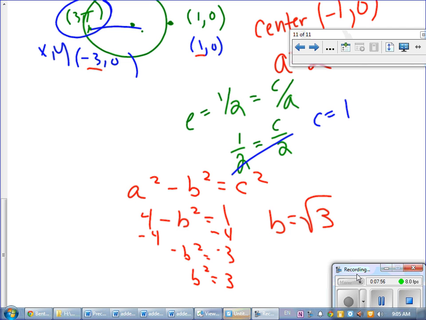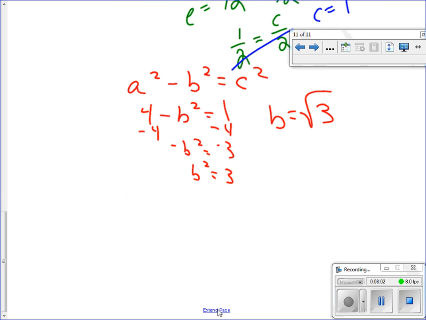So the last thing I have to do is to write the equation for this ellipse. And it's centered at -1, 0. A is 2, and B is radical 3. And it's a horizontal ellipse.